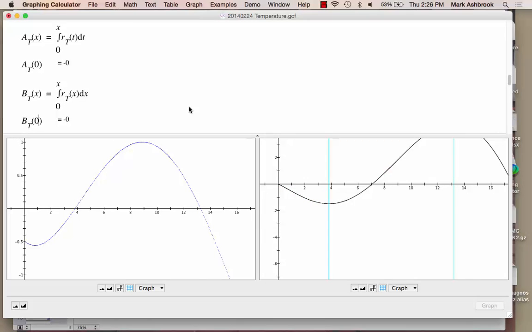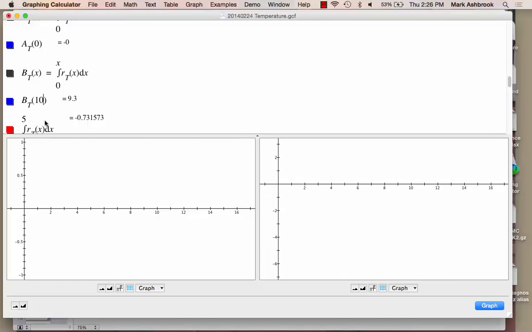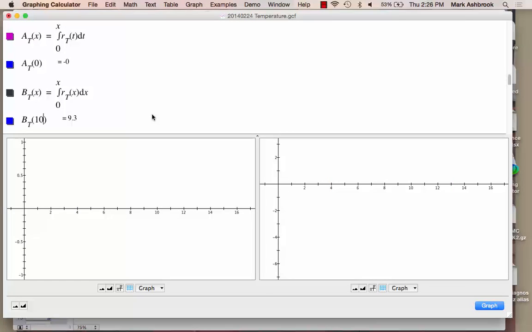So I want to investigate. Let's look at both of these functions at 10 minutes. Let's start with B first. If I were to do B of 10, can you rewrite this integral expression for an independent value of 10?